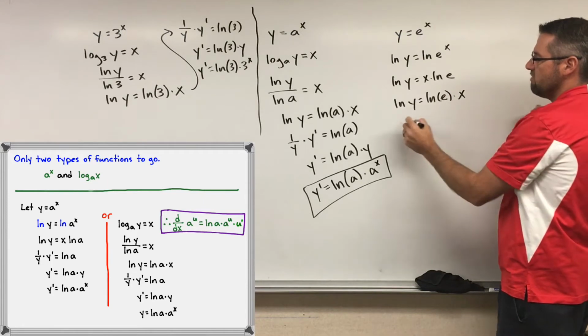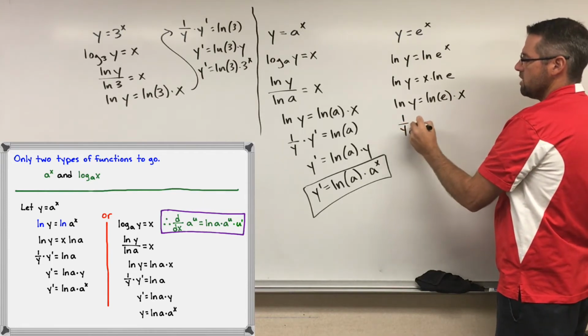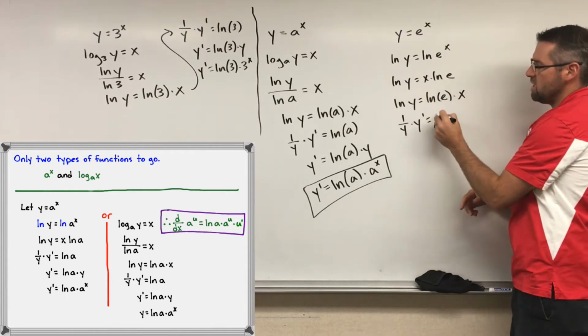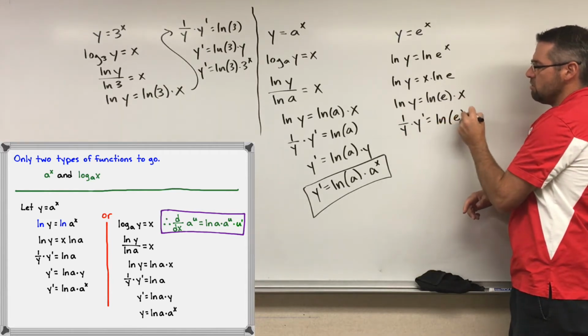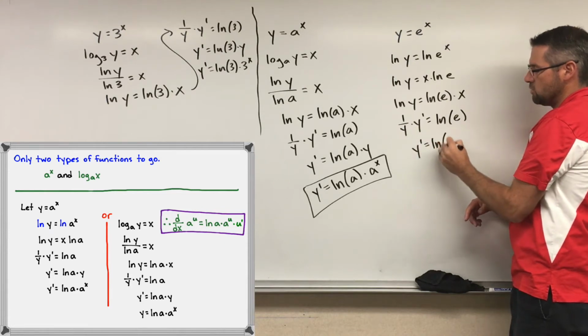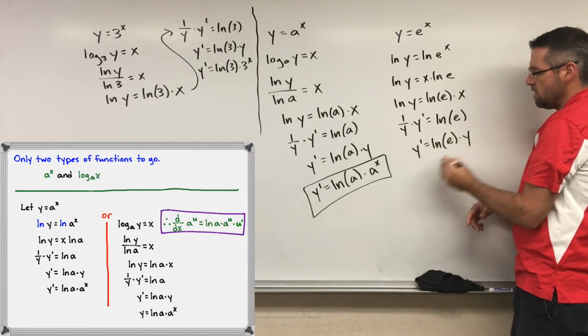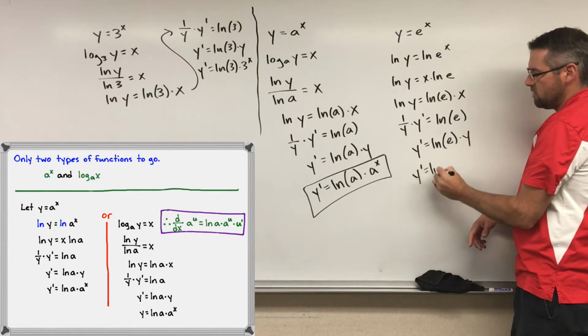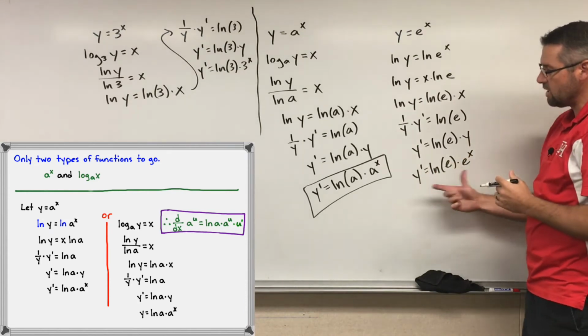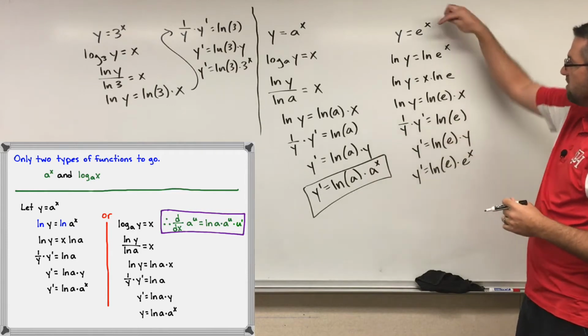And then when I take the derivative, I get 1 over y times y prime equals, what's the derivative of this side? Well, that would be natural log of e, because that's a constant. We'll multiply by y on both sides. So we got natural log of e times y. And then we'll replace that. So we end up with natural log of e times e to the x. And that's exactly what we got here. What's the derivative of e to the x?